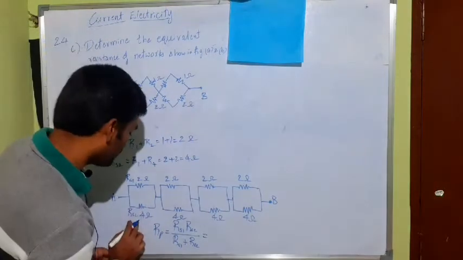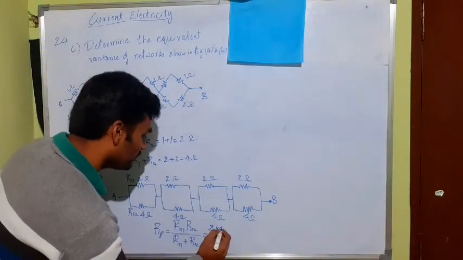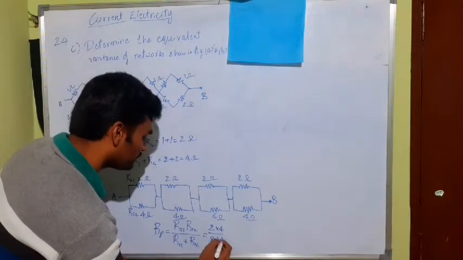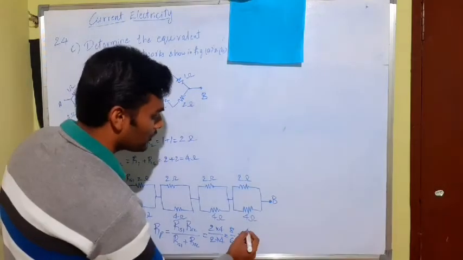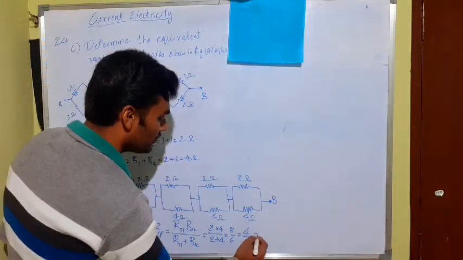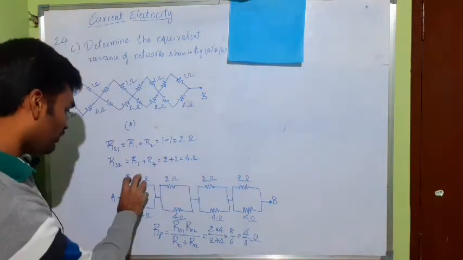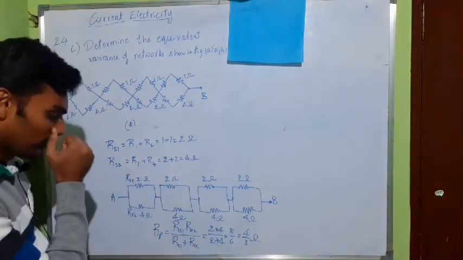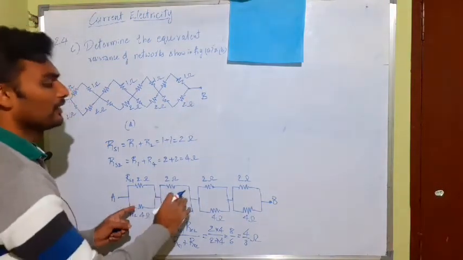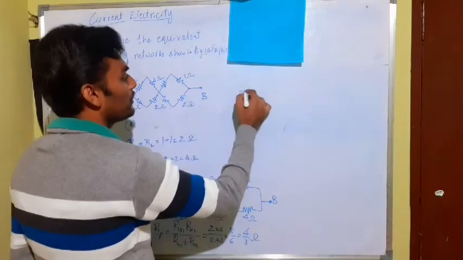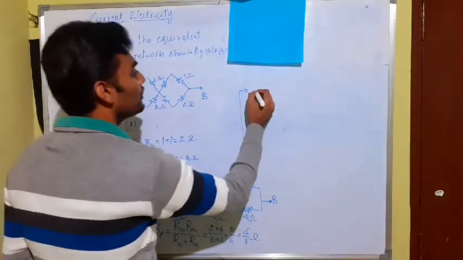So what is RS1? 2 ohm. What is RS2? 4 ohm. So it's 2 into 4 by 2 plus 4, 8 by 6, which is equal to 4 by 3 ohm. So this combination will give us 4 by 3 ohm. And hence, once again, the circuit can be reduced to this form.